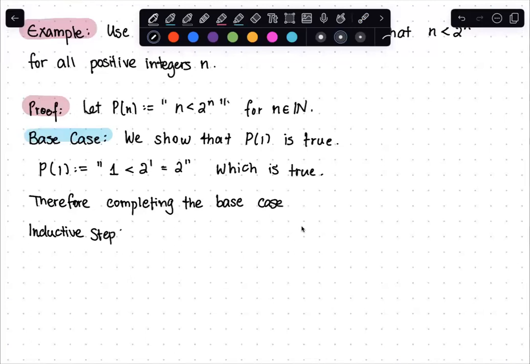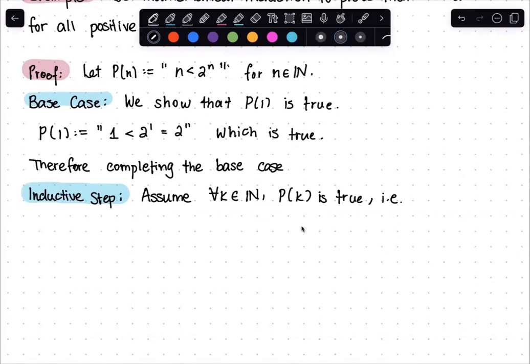In this step, we start with the following. Assume that for all k in N, P of k is true. What does that mean?